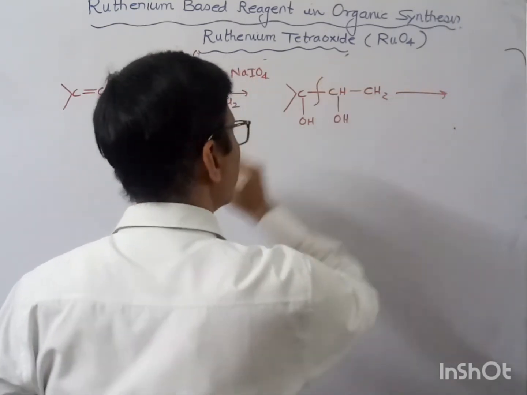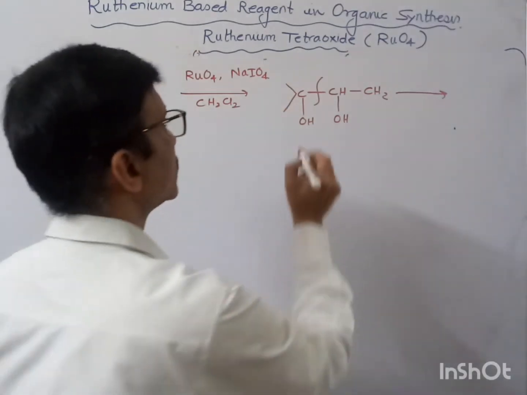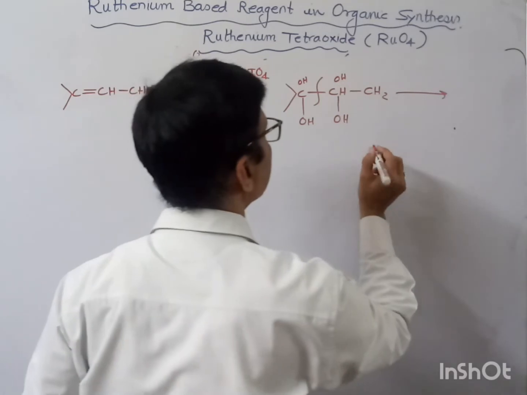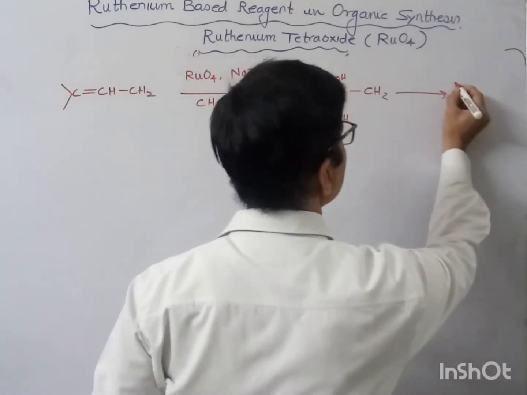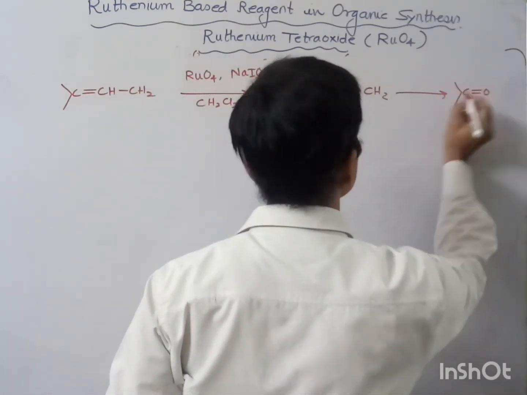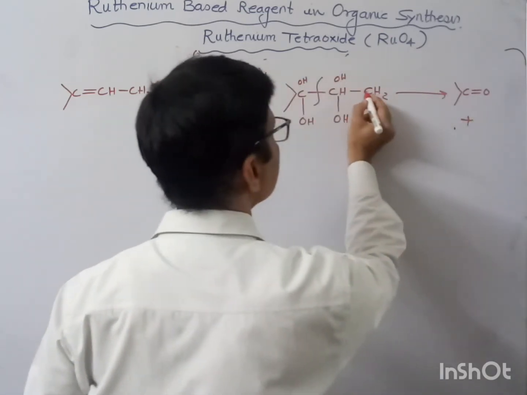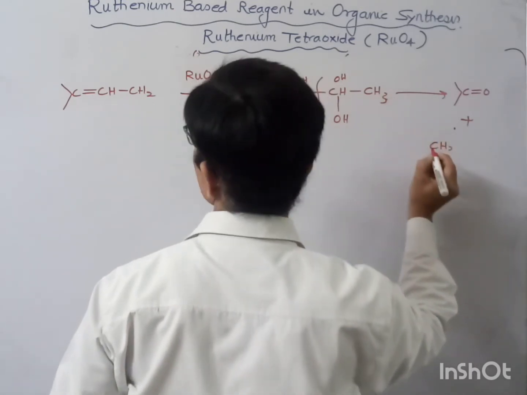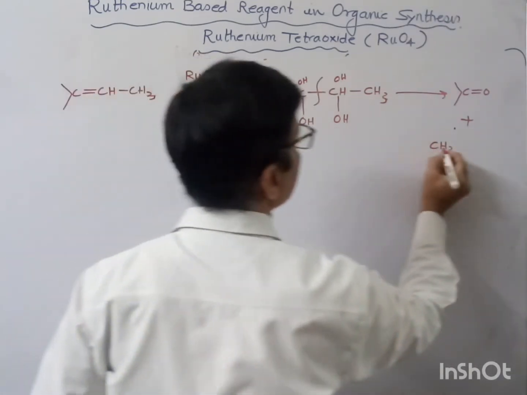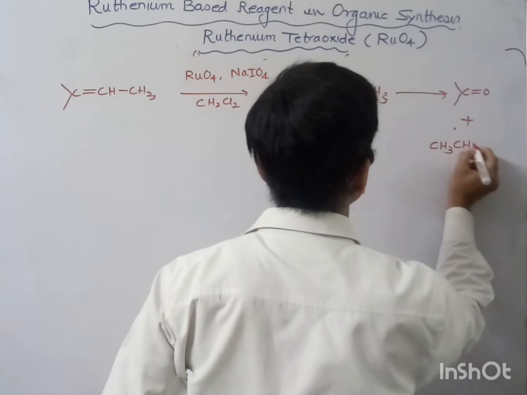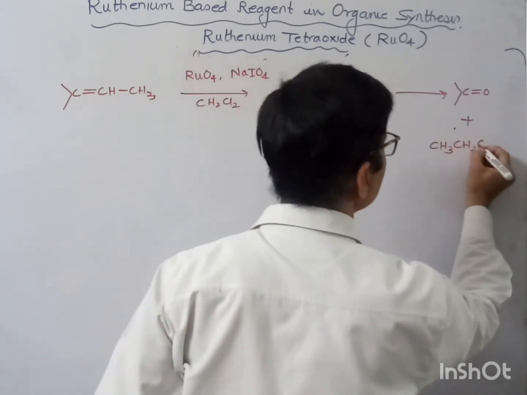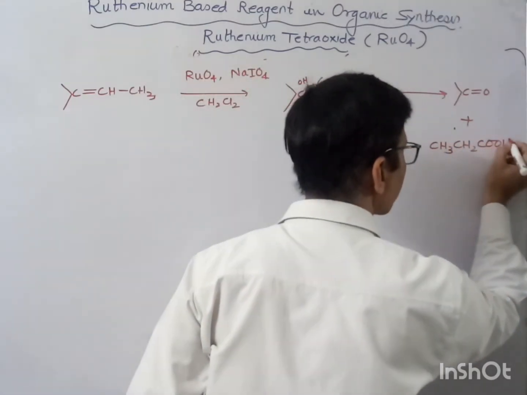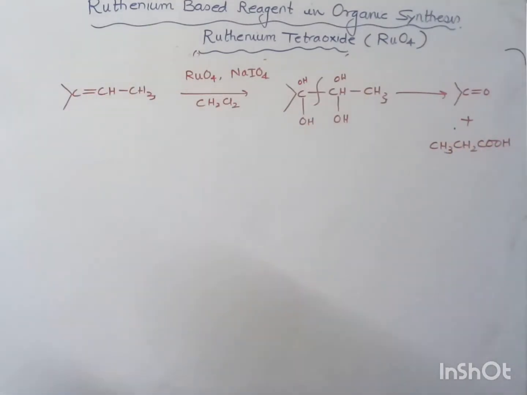Now further this bond will break. One OH we can write over here, another OH over here, and H2O will get removed. After that, one part will become a keto group, and this one would be converted into CH3, CH2, and it will convert into an aldehyde first, and then be converted into an acid. So this would be the product.